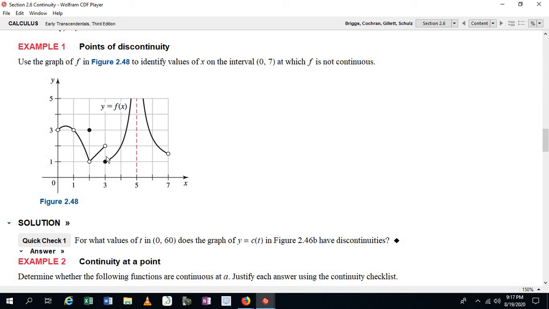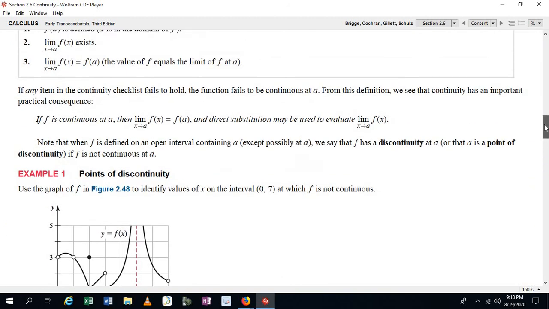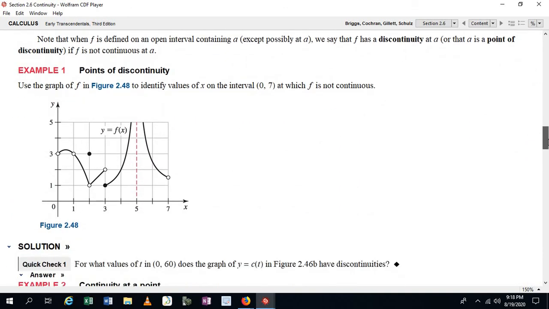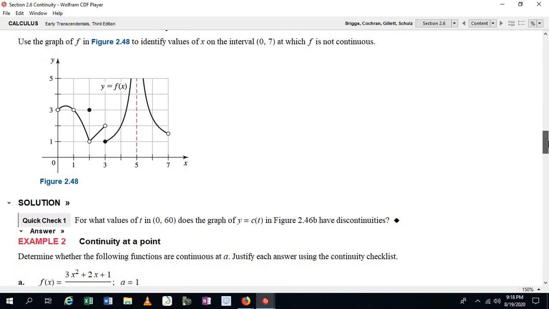So this limit doesn't exist. The two-sided limit doesn't exist as you approach 3. And so the second condition is not satisfied, because the limit needs to exist as x approaches 3, and it doesn't.